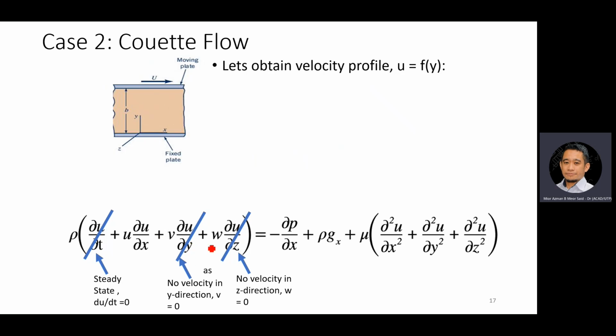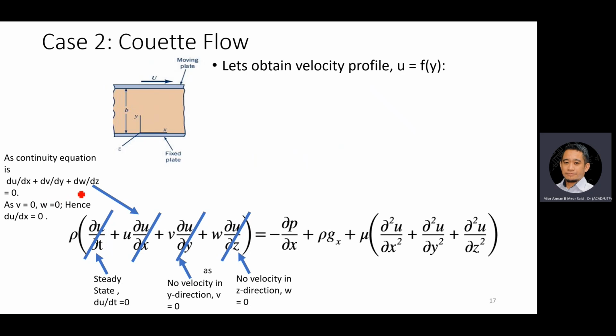Because we are presently on u, v equals 0, w equals 0. So we want to simplify this Navier-Stokes equation. And as you know, from the continuity equation, du/dx plus dv/dy plus dw/dz equals 0. So as v equals 0 and w equals 0, this term will equal 0 as well. That's why all these left terms become 0.